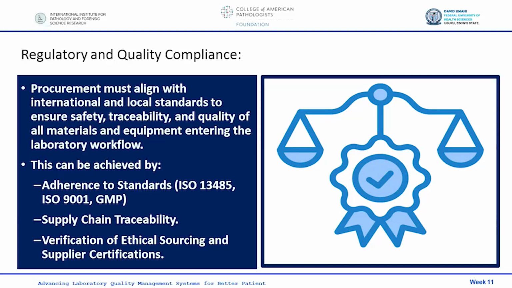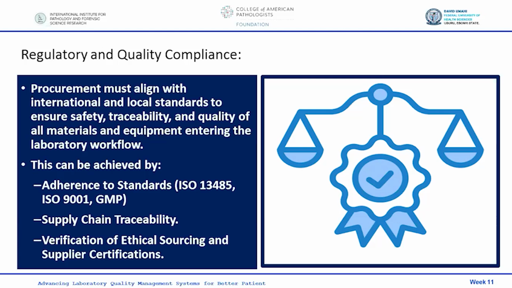For instance, an ISO or GMP certified supplier should ensure that the equipment, reagents, consumables, and supplies they are giving are of high quality and also safe, that it meets up to the safety standard. While, for example, ISO 9001 will ensure overall quality management in supply chains.